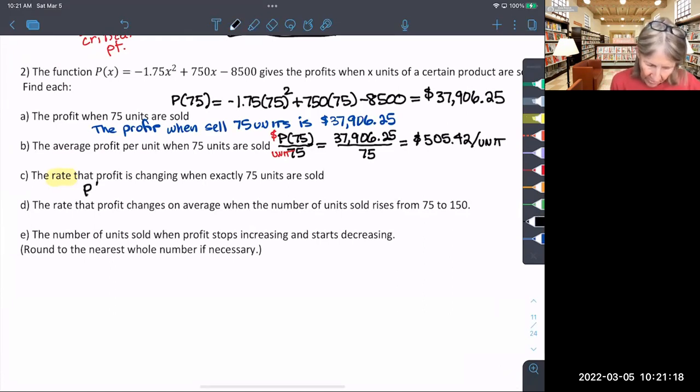So I'm looking for the derivative of the profit at 75. So first I have to start with getting the derivative, and then I will plug in 75. And then I've got my answer. I'll know whether the profit's going up at 75 units, and I'll know if the profit's going down when I sell 75 units, okay?